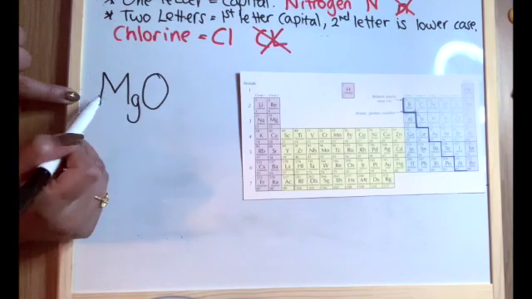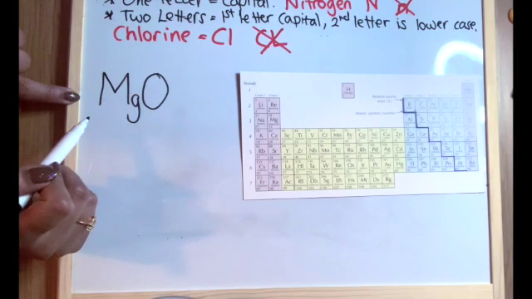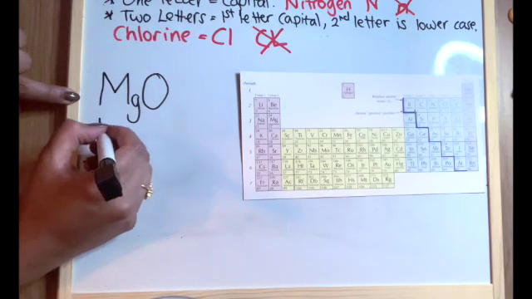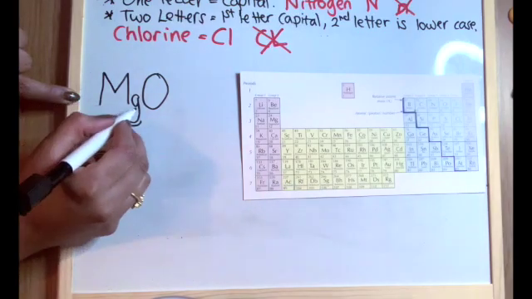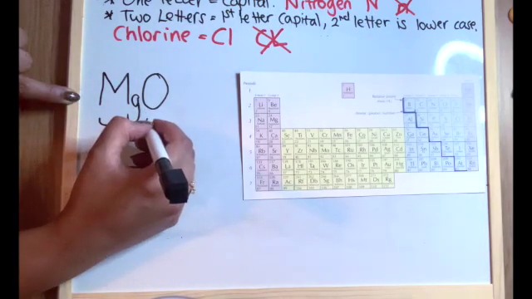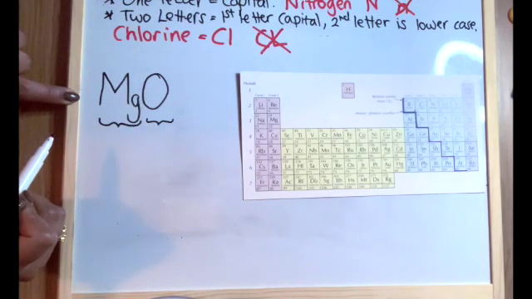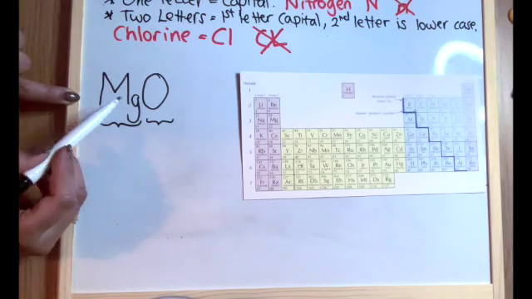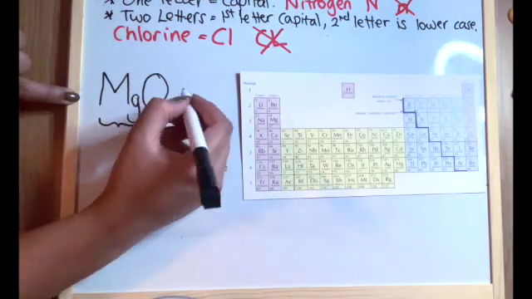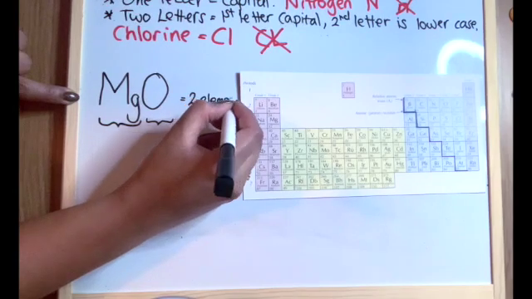I can tell that magnesium oxide has two different elements that make it up. I have my magnesium, which is my Mg, which starts with a capital, then a lowercase, and I have my oxygen, my capital O, which is my second element there. So if I was asked how many elements are there in magnesium oxide, my answer would be it has two different elements that make it up.